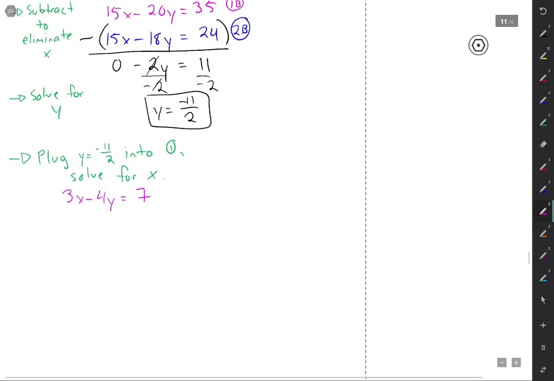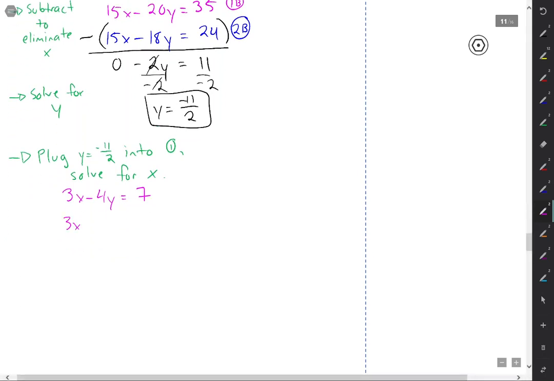So here's our equation number 1. I'm going to replace our y with negative 11 over 2, and that's equal to 7. And then we are just going to solve for x. So first I'm just going to get rid of these brackets. So negative 4 times negative 11 over 2, that would be plus 44 over 2, because the two negatives multiplied would make a positive.